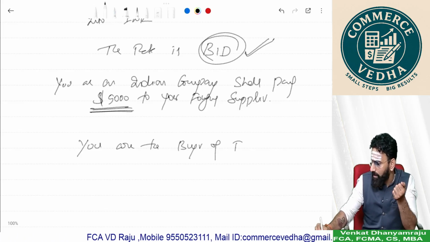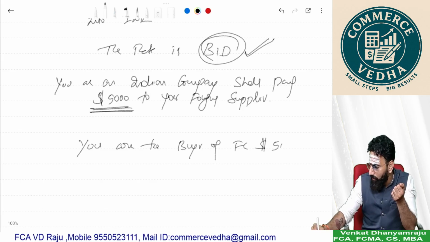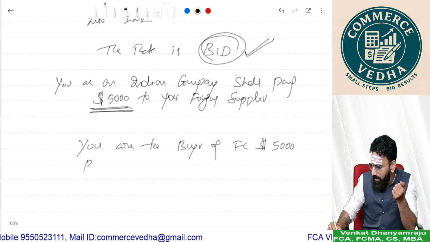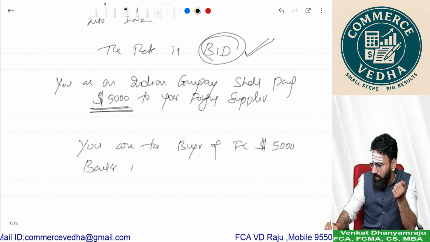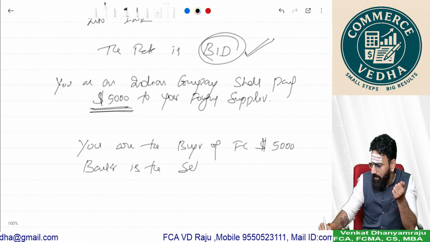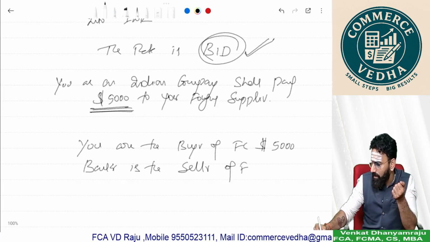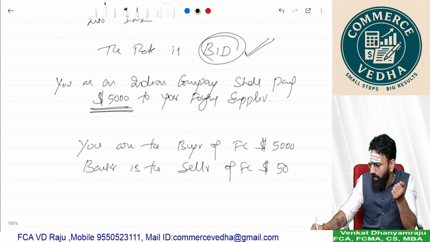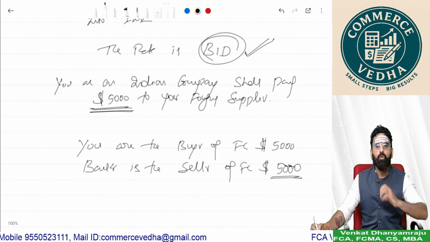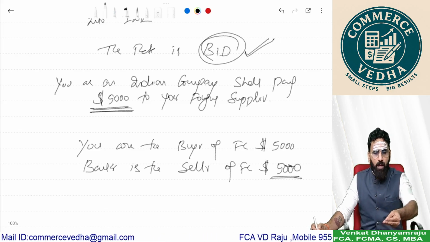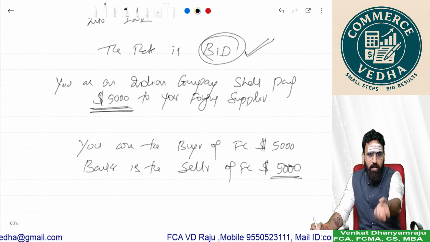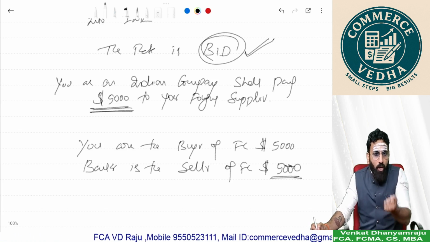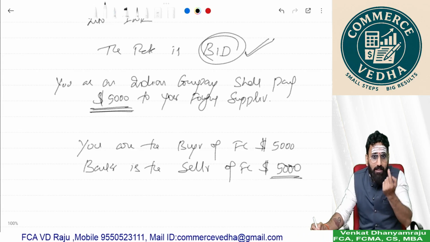So here you are the buyer of foreign currency $5,000, and the banker is the seller of foreign currency $5,000. So you give rupees and you get dollars. You are buying. When you are buying, the banker is selling.